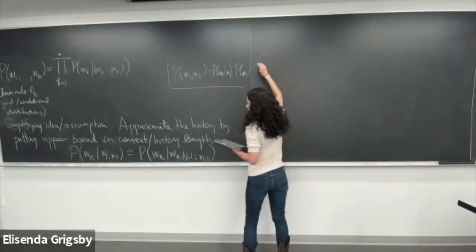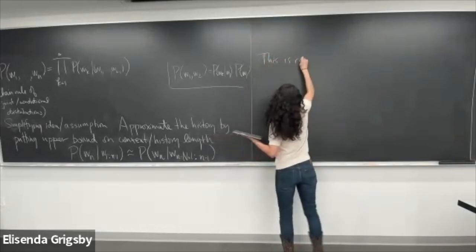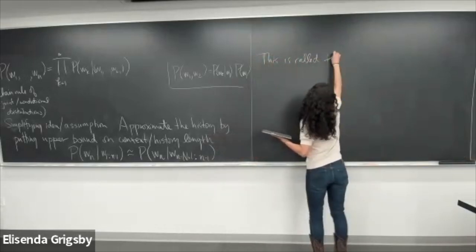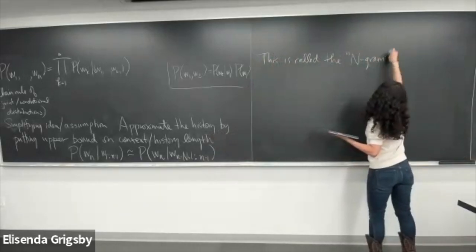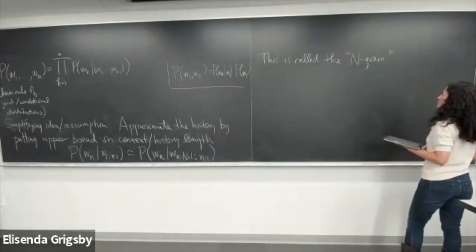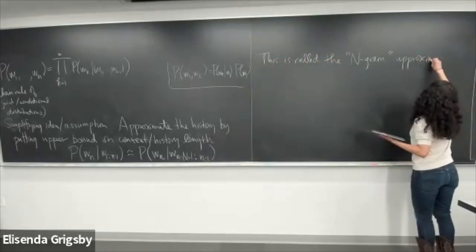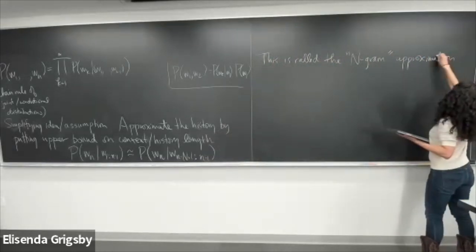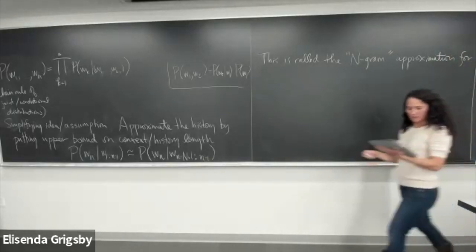So this is called the n-gram approximation for the true conditional probability that you're interested in.